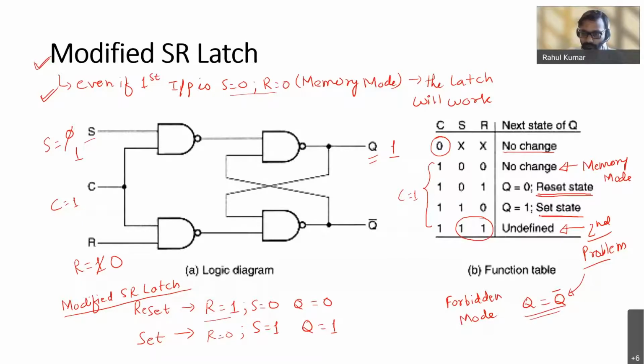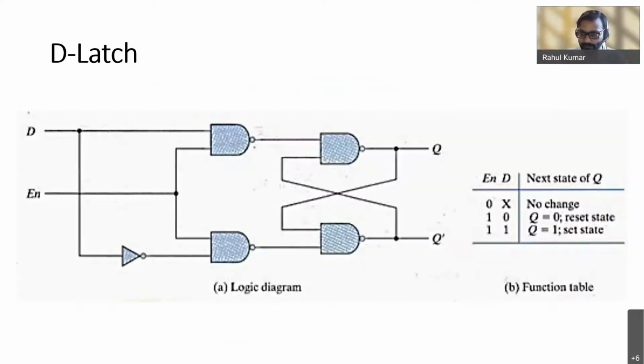Now we will do a little bit of modification again to solve this problem. The next type of latch is called the D latch. Okay, so it will solve both problems. In this dotted box, it is my modified SR latch.